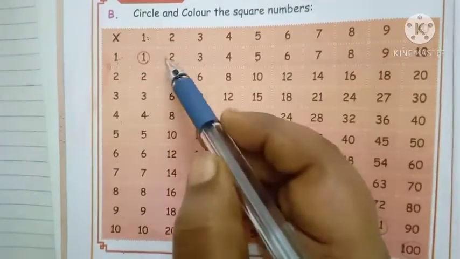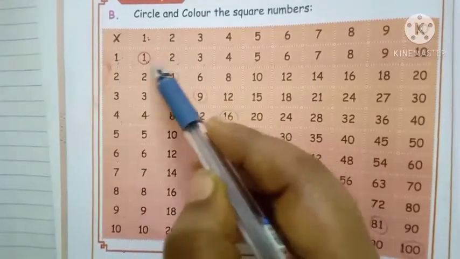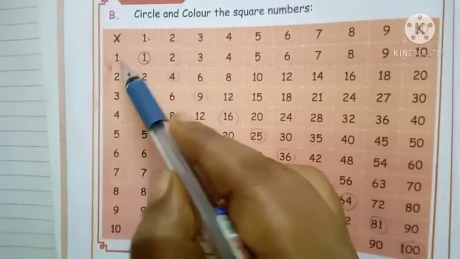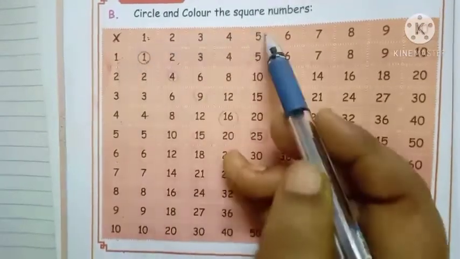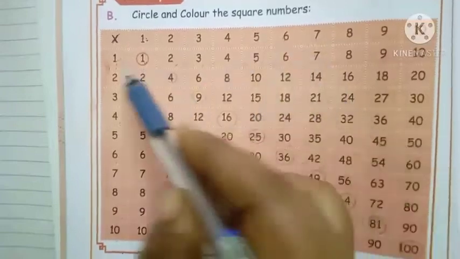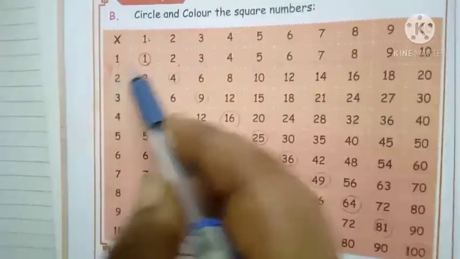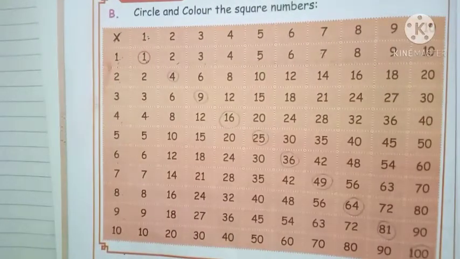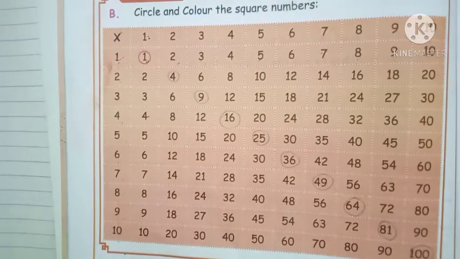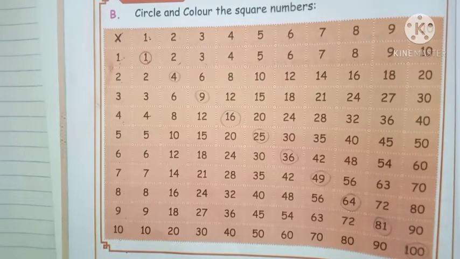The same method is used here also. 1 one is 1. 1 two is 2. 1 three is 3. 1 four is 4. 1 five is 5. 1 six is 6. 1 seven is 7. 1 eight is 8. 1 nine is 9. 1 ten is 10. Then up to the 10 table you completed this. Then it is easy to find out the square values.